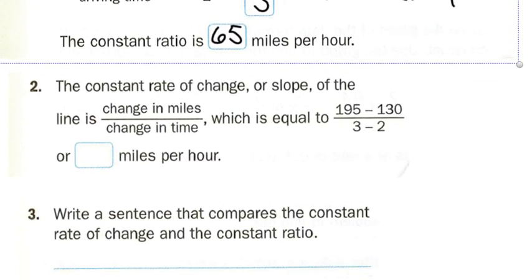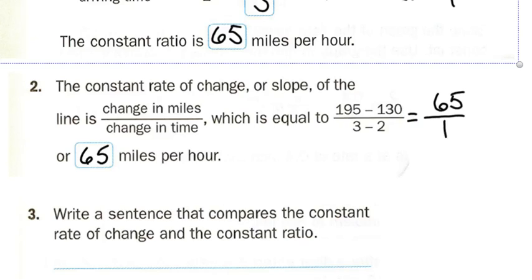Number 2 here says the constant rate of change, or the slope. Remember, we've learned those two terms as well. Constant rate of change and slope of the line is your change in miles over your change in time, which is equal to, they selected the 2 points 3, 195 and 2, 130, subtracted their change in y over their change in x, and they found that this gives you 65 over 1, or 65 miles per hour.